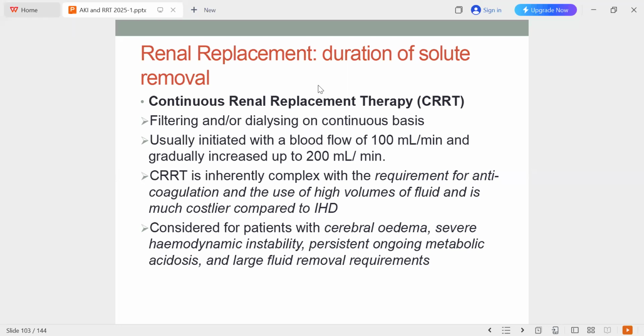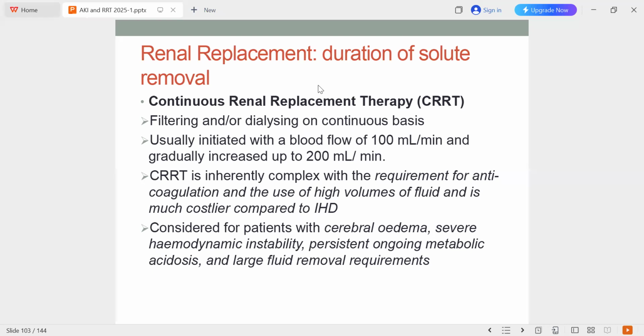It is inherently complex and requires the use of anticoagulation and a high volume of fluid, and is also much costlier compared to intermittent hemodialysis. And that's why CRRT is usually not commonly available in our settings because of the high cost.